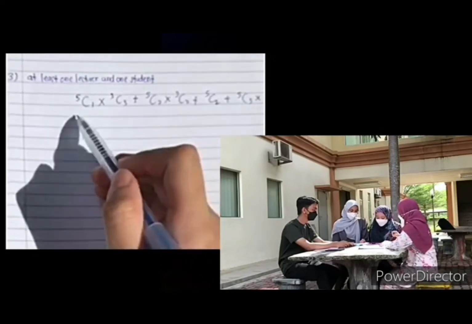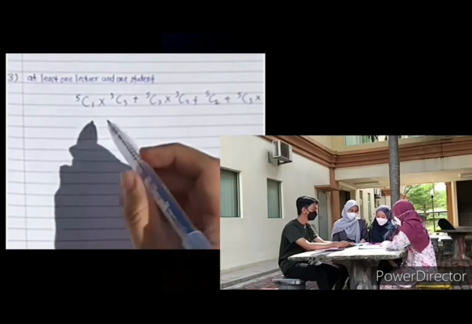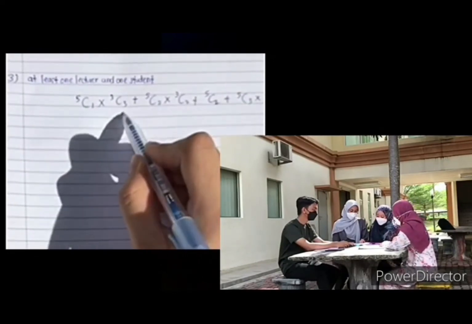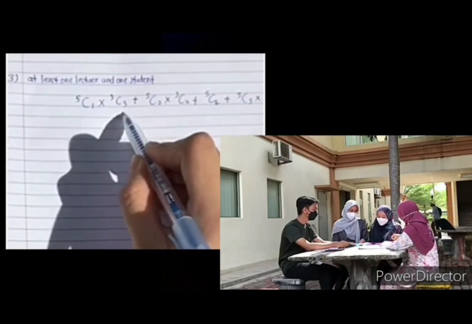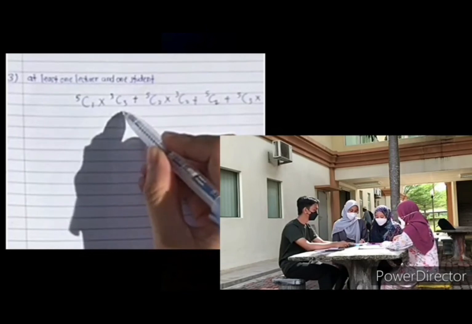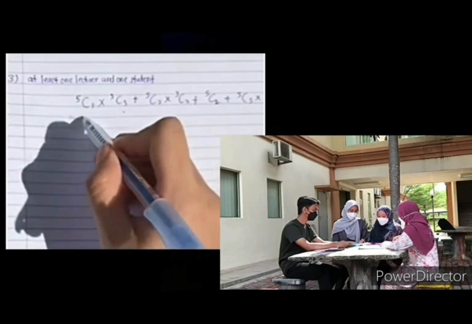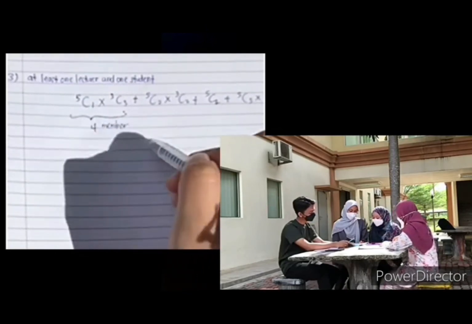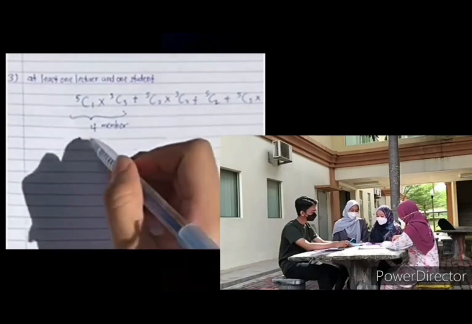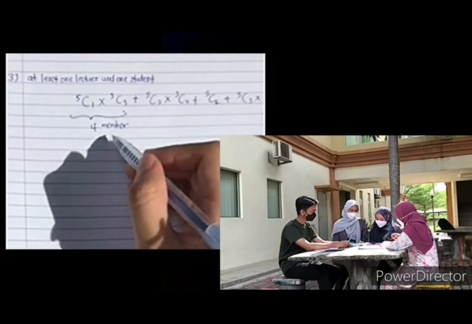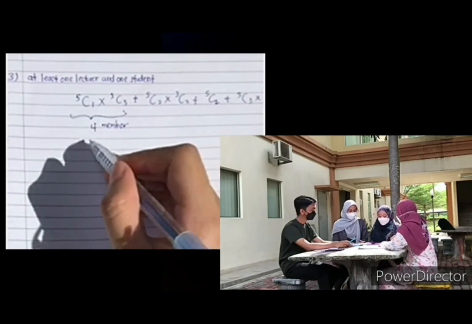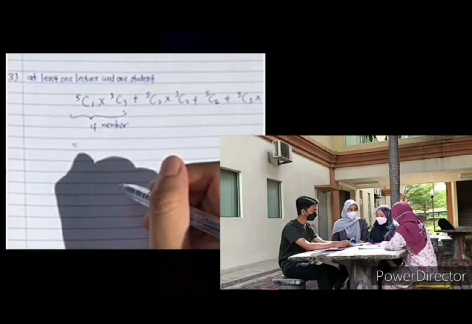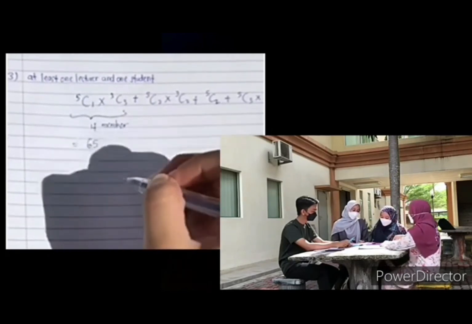It means we choose 1 of 5 lecturers and multiply with 3 choose 3, which means we choose 3 students to form the 4-member committee, and it is the same for the other cases. So we sum all of the combinations to get the final number of ways to make the committee. Then we get the answer 65.